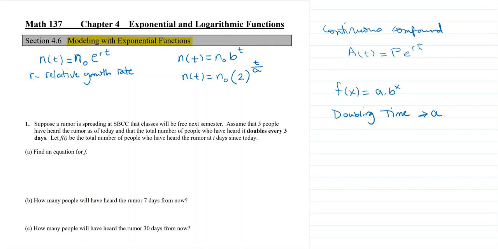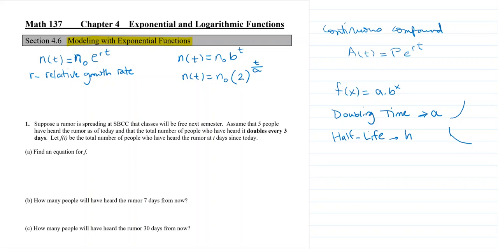So this is for exponential growth models. If you have exponential decay, then the important number, which is the counterpart to that doubling time, is what we call the half-life. And so if the half-life is h, let's say, half-life is the time it takes for the amount of something to become half of what it was.